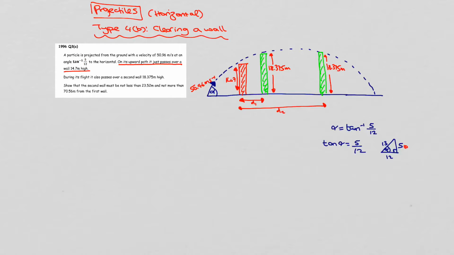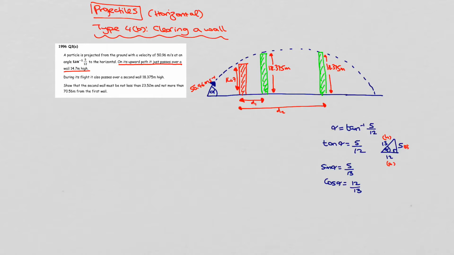So 5, 12 and 13. And of course you can use Pythagoras if you can't remember that one off by heart. But obviously 3, 4, 5 is our other commonly used Pythagorean triple. And from that then I can see sine alpha is the opposite over the hypotenuse, 5/13, and cos alpha is equal to 12/13. So our adjacent over hypotenuse.